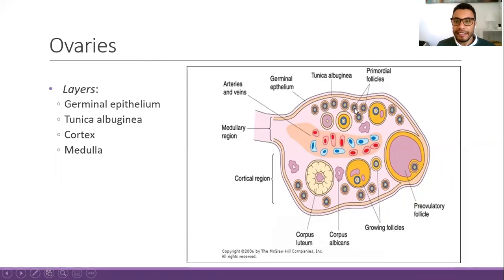And these follicles that we see here are called primordial follicles.